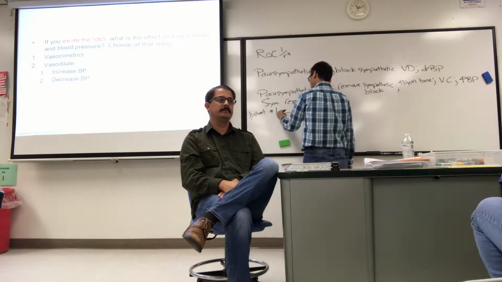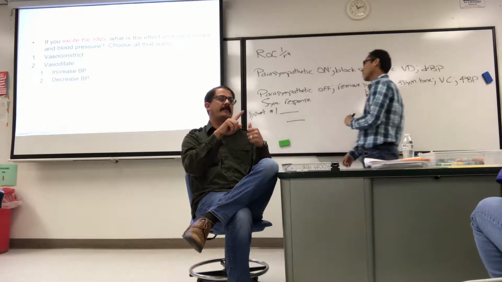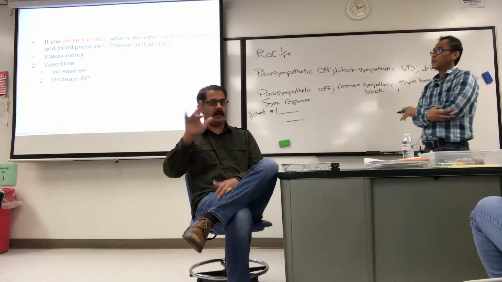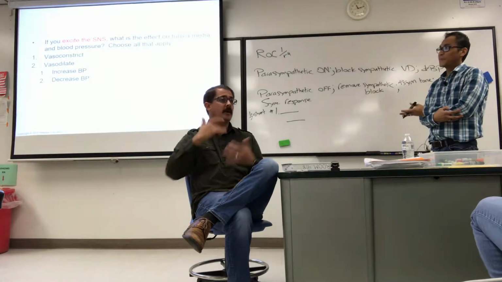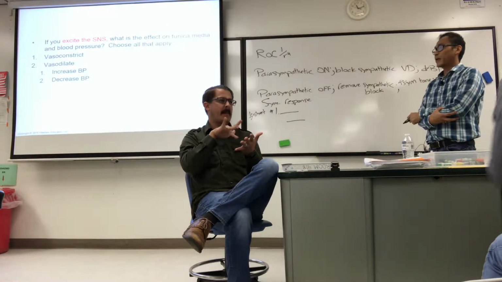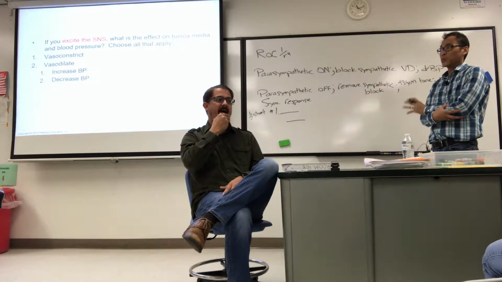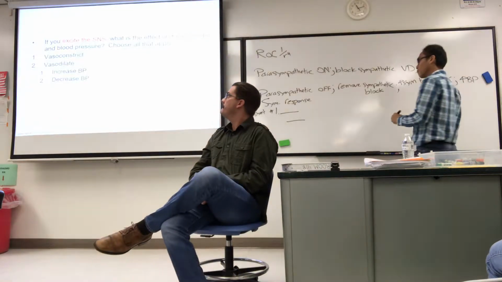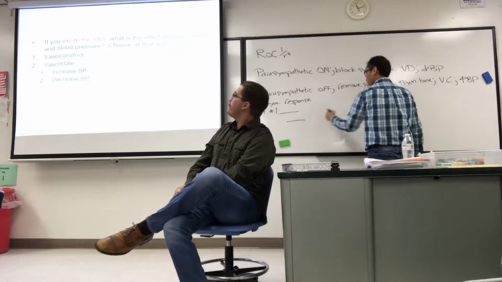That first blank and then that second blank. The first blank is, if you excite the sympathetic, what happens? Constrict or dilate. And then as a result of that, fill in the second blank. Does that increase or decrease BP? So really quick, fill that in.